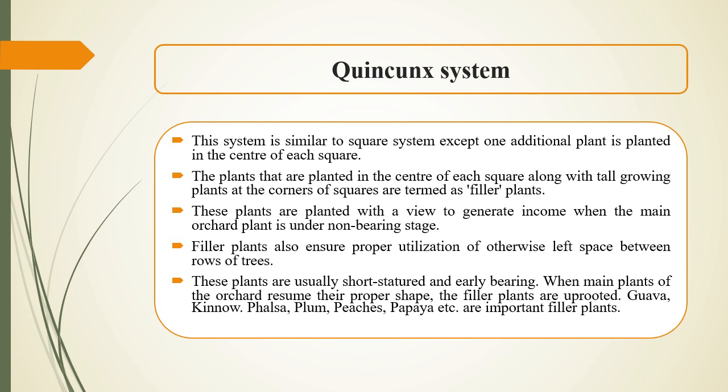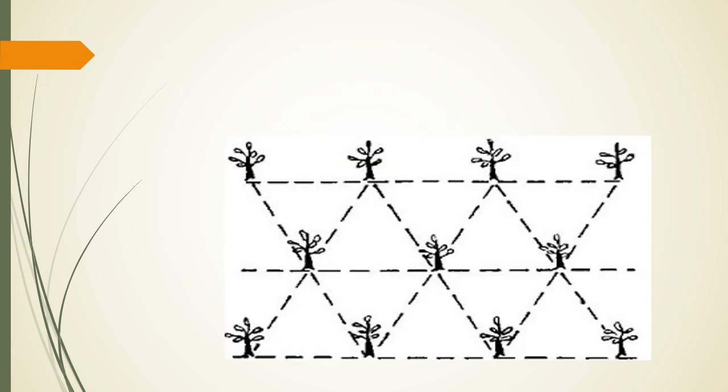Okay then, let me explain what this quincunx system is. Here this makes a square. Here in this picture it's not clearly shown, but this makes a square.